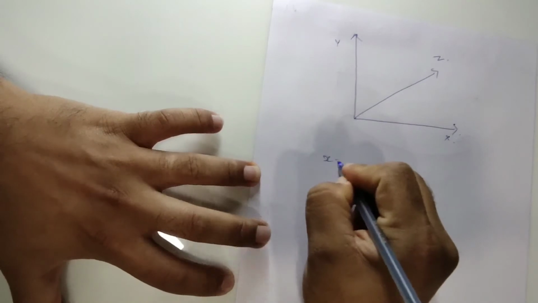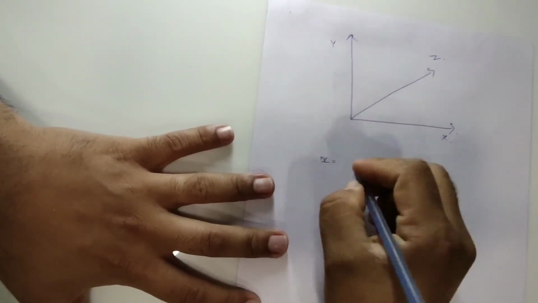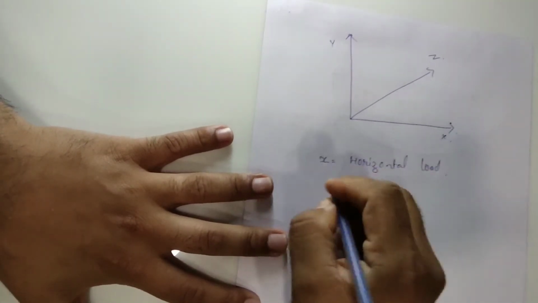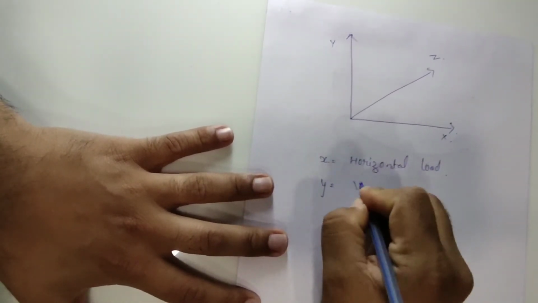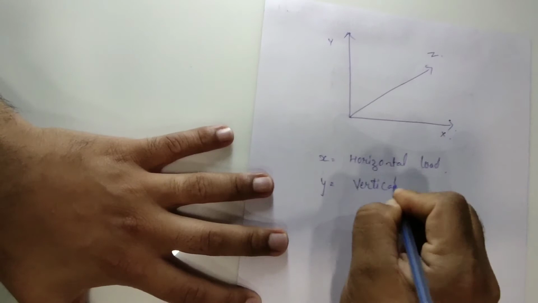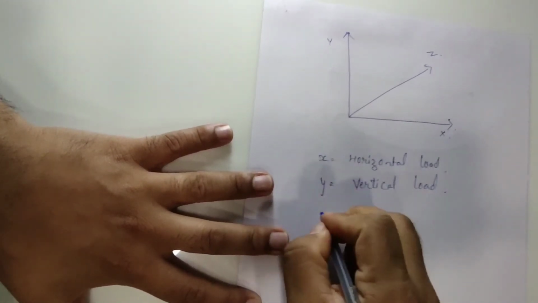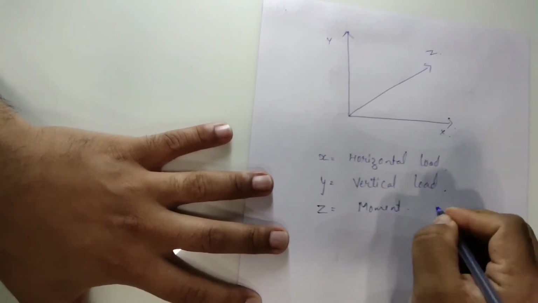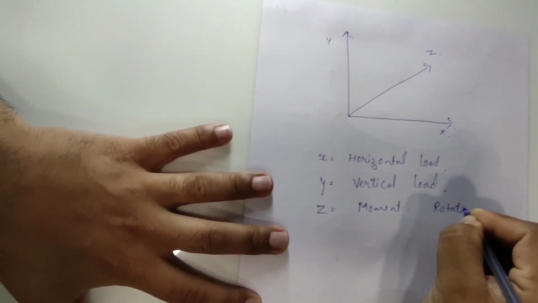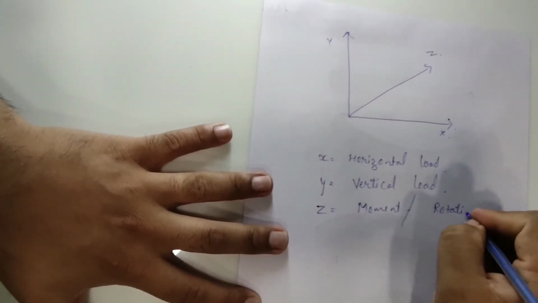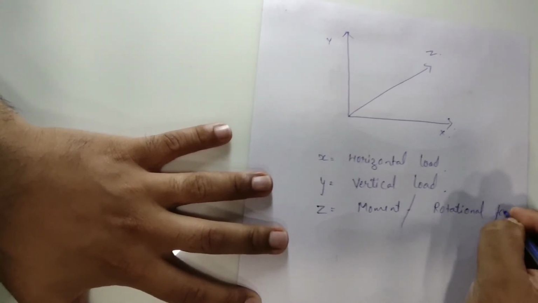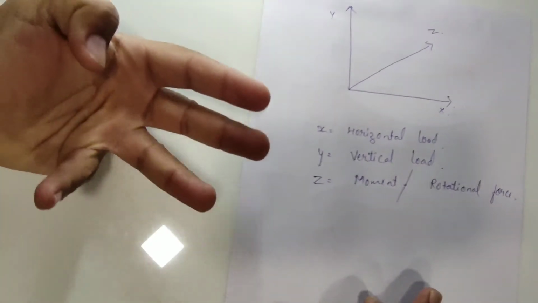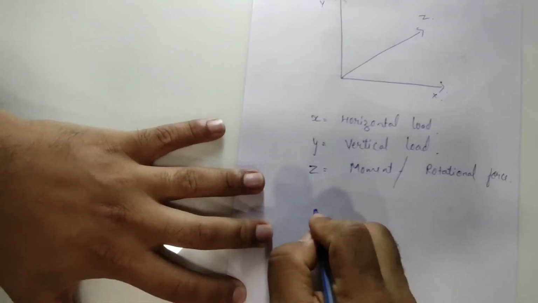Our x axis we are taking as horizontal load, y we are considering as vertical load, and z axis we are taking as moment or a rotational force. So there are only three axes, so we have only three equilibrium conditions.